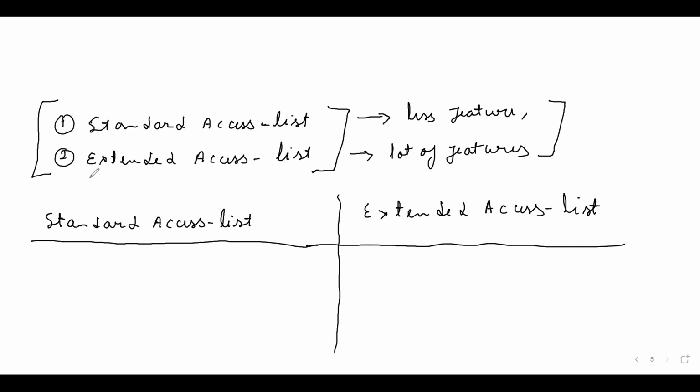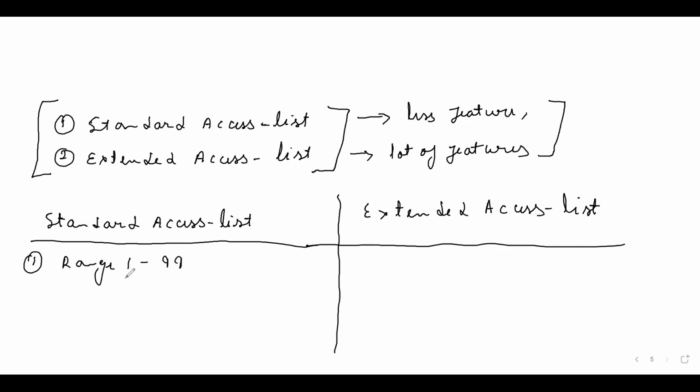So standard access list, if I say about access list, I have a range. This access list range is 1 to 99.